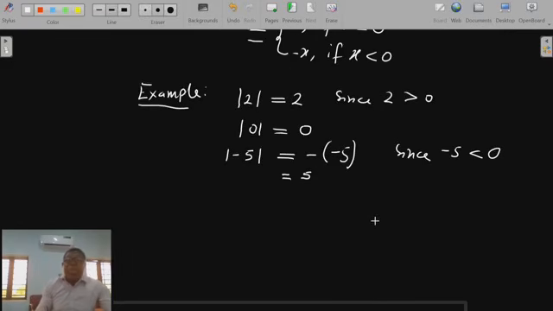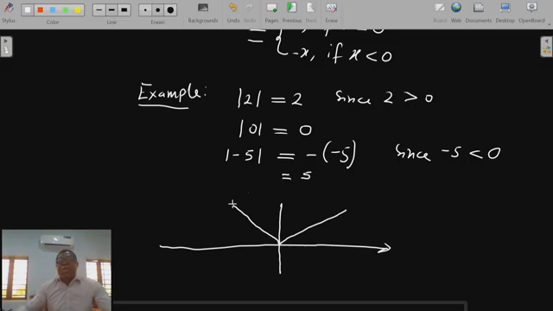Now, pictorially, we can even look at the graph of the absolute value function. The graph of the absolute value function is nothing but an identity function on the non-negative side of R. It becomes the identity, and this side will give us the mirror image of that identity function.